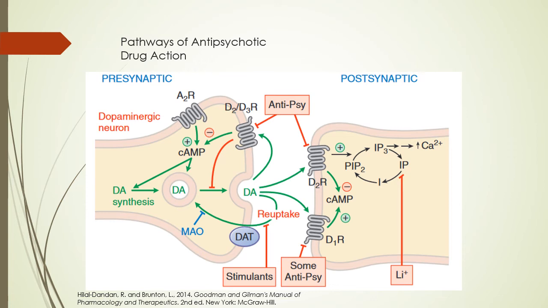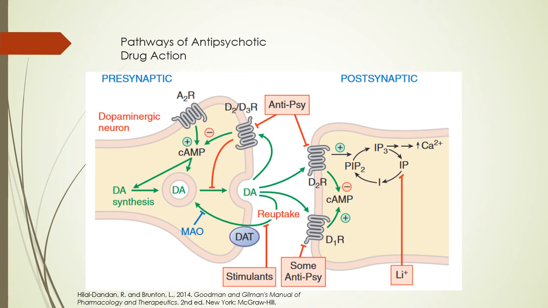So again, dopamine is released from the vesicle, and this release and synthesis is upregulated by the levels of cAMP, which are down-regulated by dopamine 2 and dopamine 3 receptors and alpha 2 receptors, which means that when these receptors, alpha 2, dopamine 2, and dopamine 3 are activated, dopamine release will go down because first the synthesis is inhibited, and again, the release itself is inhibited.